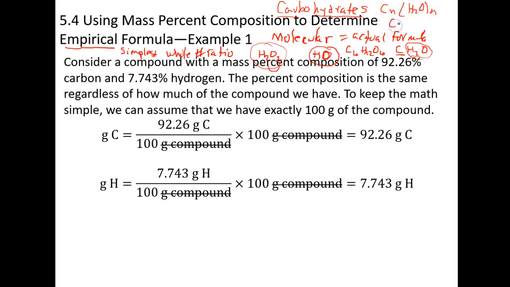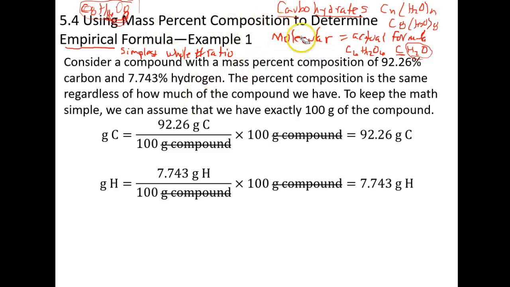So if you have, say, 8, then you have H2O8, so your formula would be C8H16O8. This would be considered a carbohydrate because it's a carbon with a 2-to-1 ratio of water to it. That's why they're called carbohydrates, because every carbon is hydrated with water. That's what makes sugars sugars. Kind of off the topic, but it's interesting and still chemistry related.